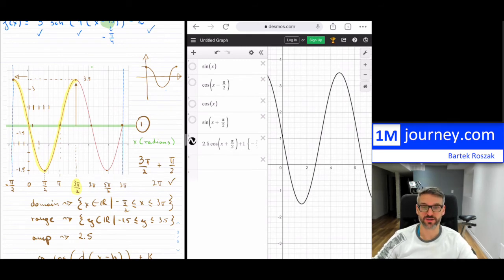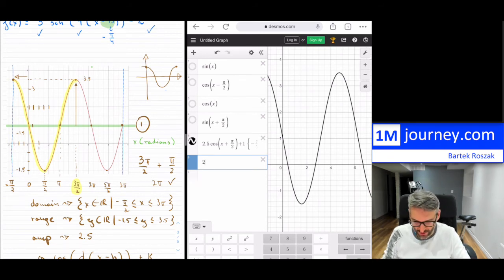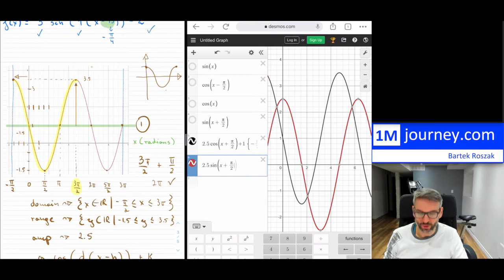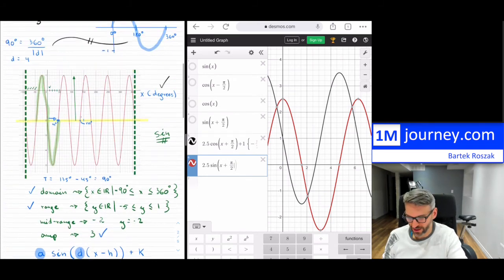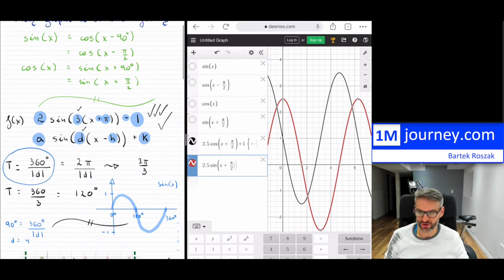Now, if you had it written as sine, it would have looked different. But please remember that if you wanted to change it to sine, you can take the exact copy, and because you're going from cos to sine, you have to put another plus pi over 2 in the brackets. They're related by a shift.